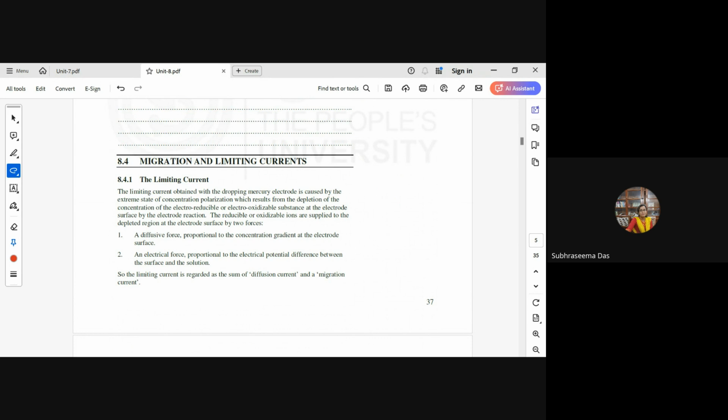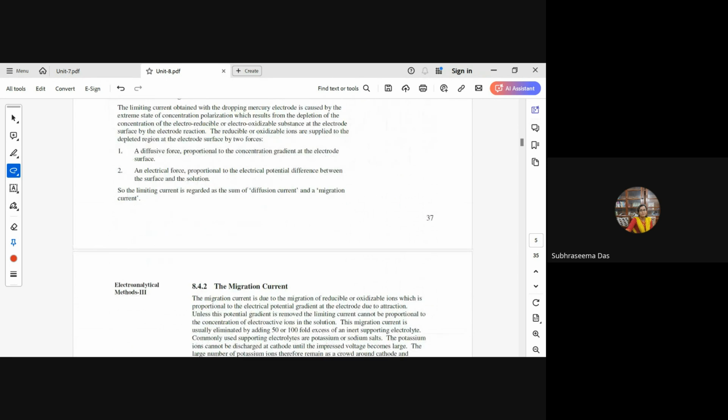The reducible or oxidizable species are supplied to the depleted region by two forces: a diffusive force that is proportional to the concentration gradient at the electrode surface, and an electrical force that is proportional to the electrical potential between the surface and the solution. So the limiting current can generally be regarded as the sum of the diffusion current and the migration current.